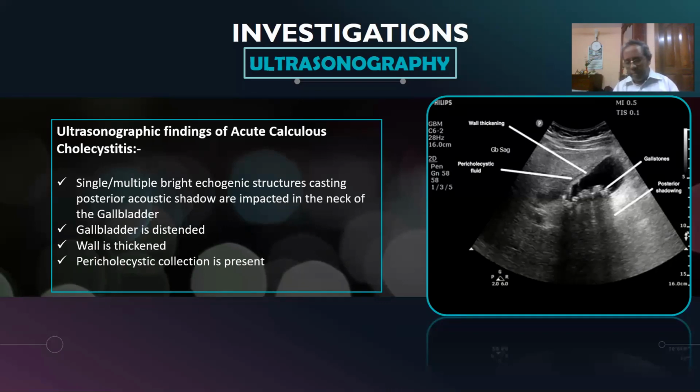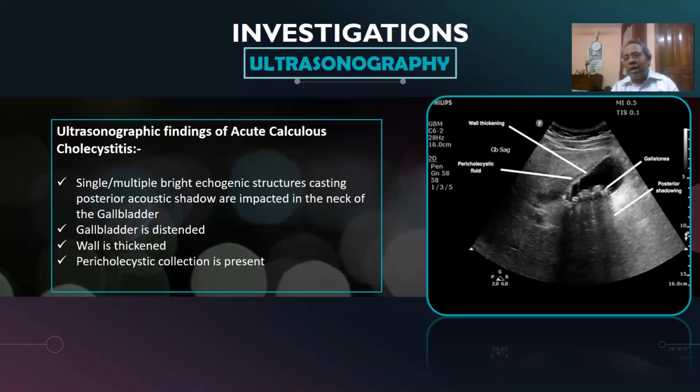Another important thing is sometimes the bile becomes more thickened, which is called gallbladder sludge. That sludge sometimes gives echogenic structures, also without shadow. So you are confused about the echogenic structure, which is usually a polyp. So what is it?